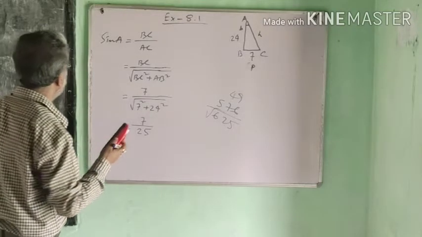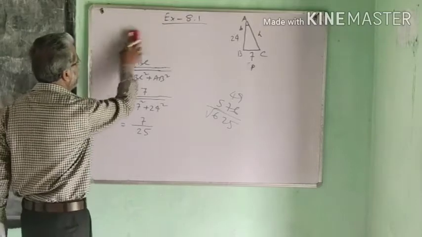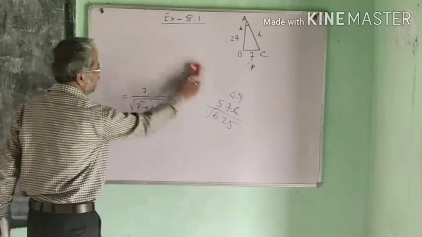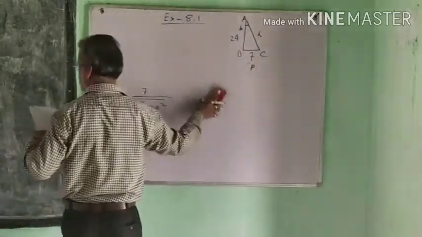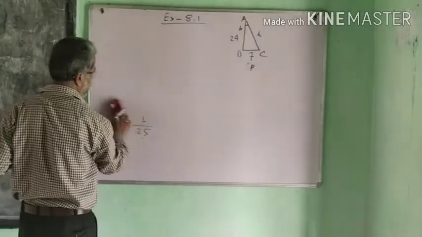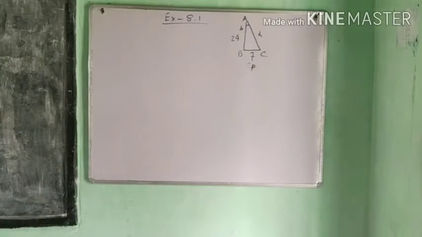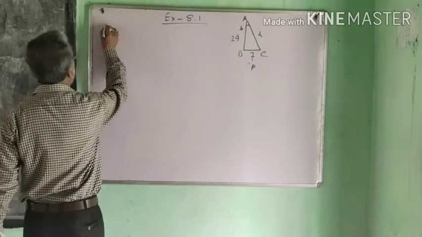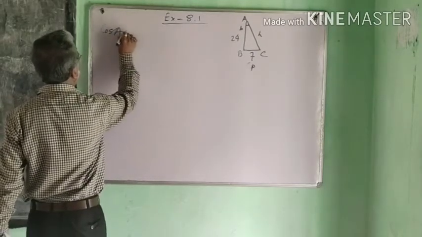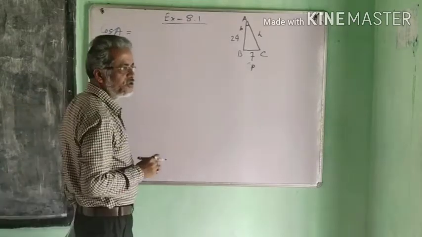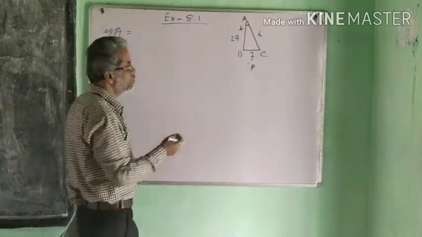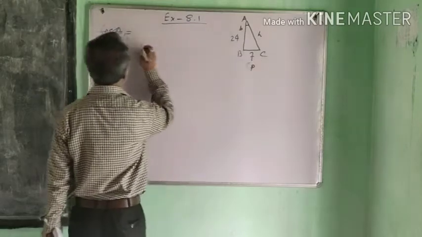Now the next one is cos A. How to find cos A? Cos A is equal to, cos is base is to hypotenuse.